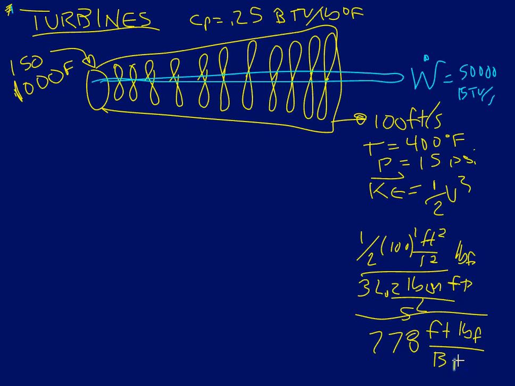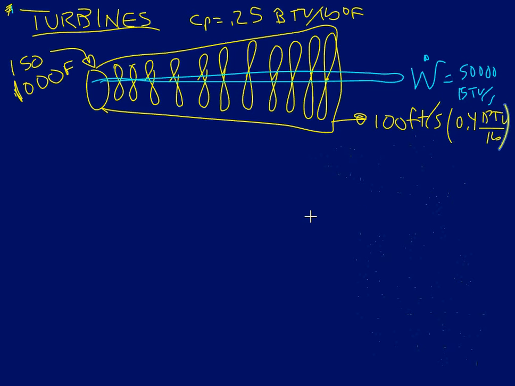And when we're all done canceling the units, and I would suggest you stop here and check your units, that comes out to approximately this kinetic energy per mass, 0.4 BTUs per pound. Okay, cleaning it up a little bit, we have 0.4 BTUs per pound as the kinetic energy leaving the turbine.